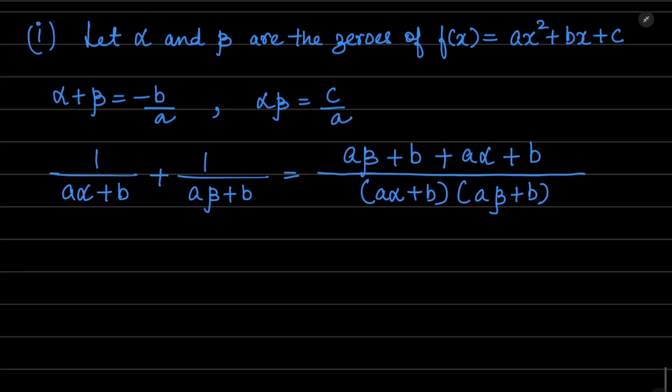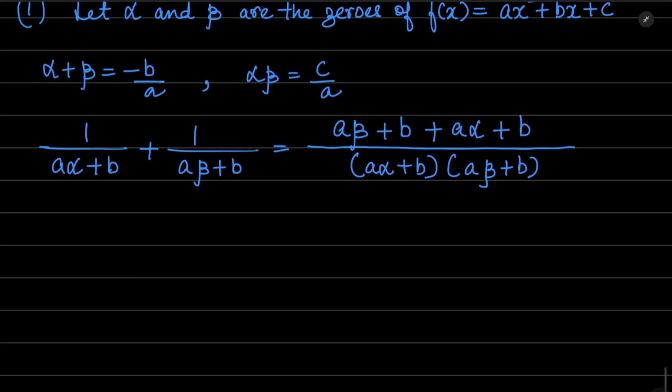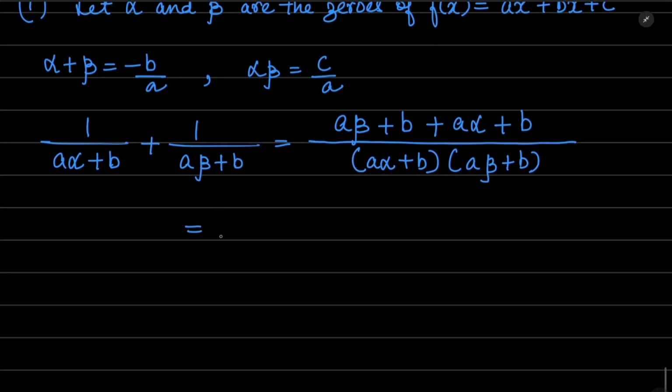You can see you can take a common out from the first and the third term. Okay, so in the next step we will take a common out. You have alpha plus beta plus, what is b plus b? It is 2b. Okay, so plus 2b whole divided by, multiply each term.